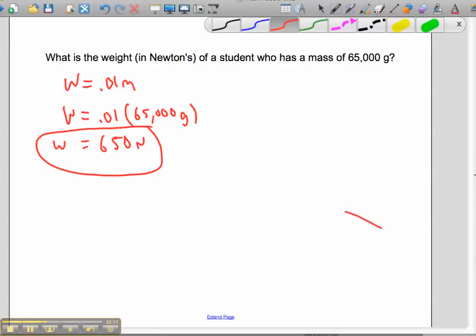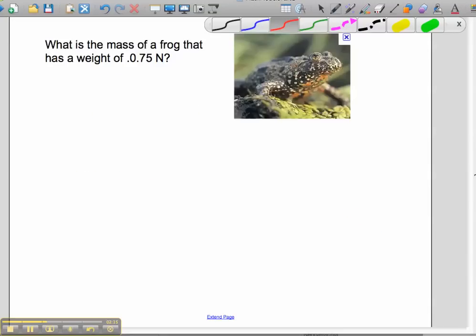Let's try that one more time. What is the mass of a frog that has a weight of 0.75 newtons? Well, again, our mathematical model that tells us the relationship between weight and mass on Earth is right there. Now let's put in our numbers. 0.75 newtons equals 0.01 times the mass.